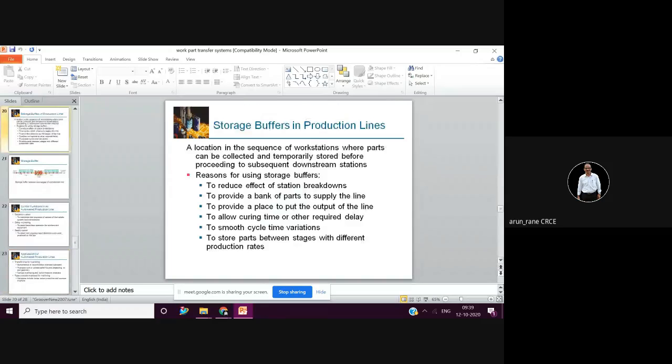Then there is something called the buffer. Why the buffer? As I have always been saying, line balancing is a very critical issue in the design of assembly lines.